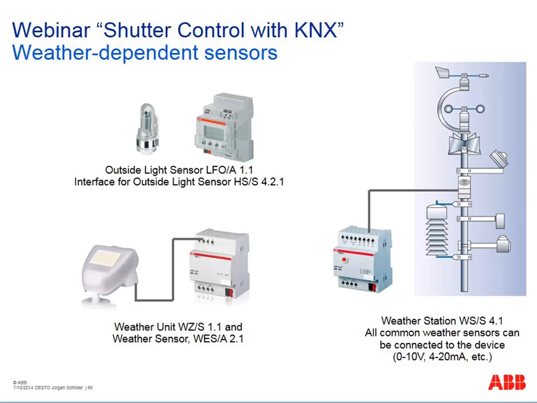And the software inside this weather station is prepared for different kinds of weather sensors. So you have then the right parameters for each of your sensors inside this device, to have a complete weather station connected to KNX finally.